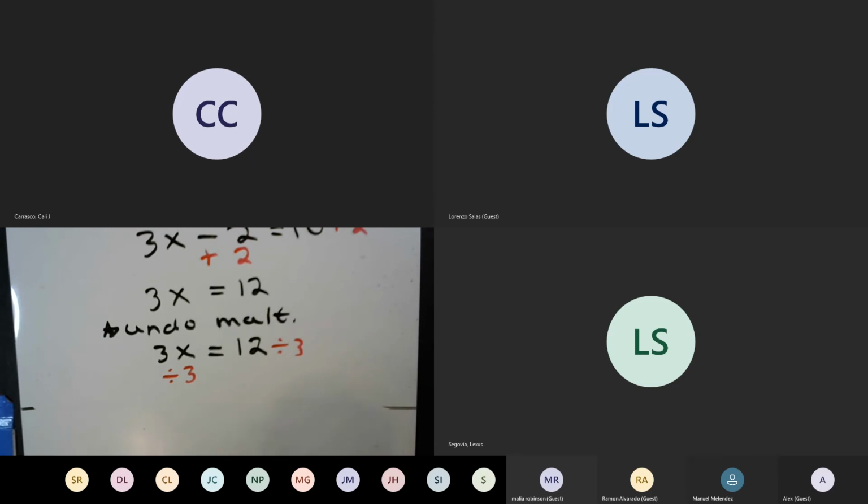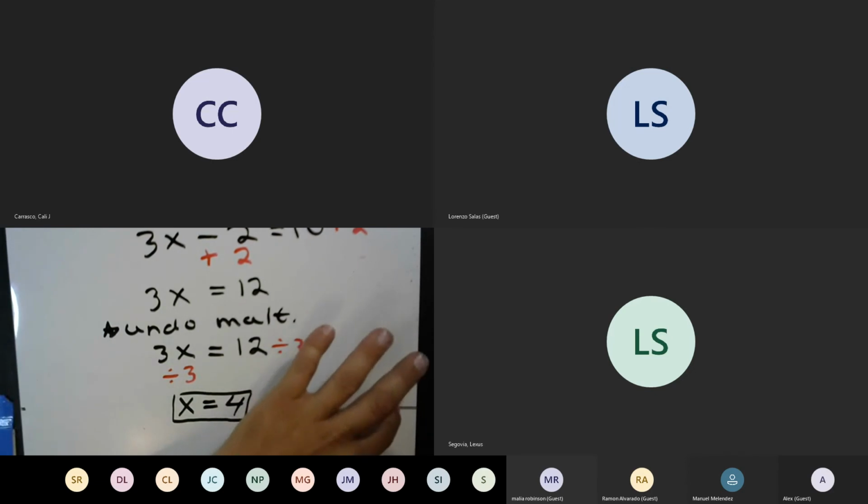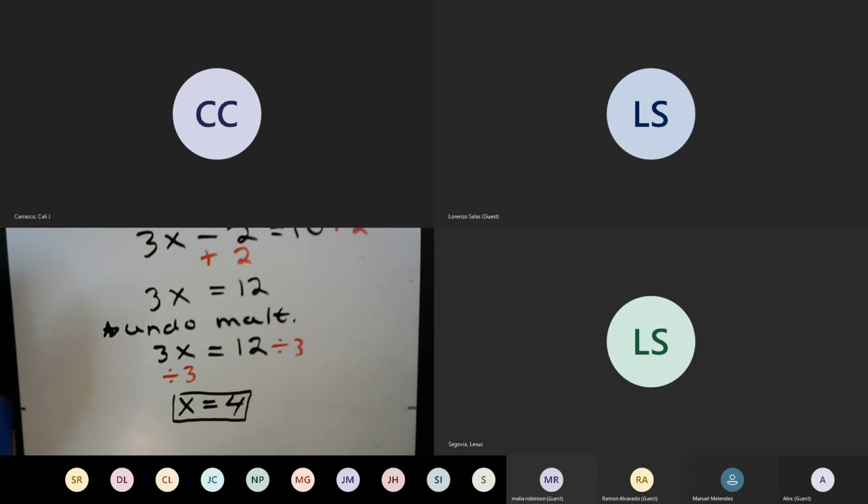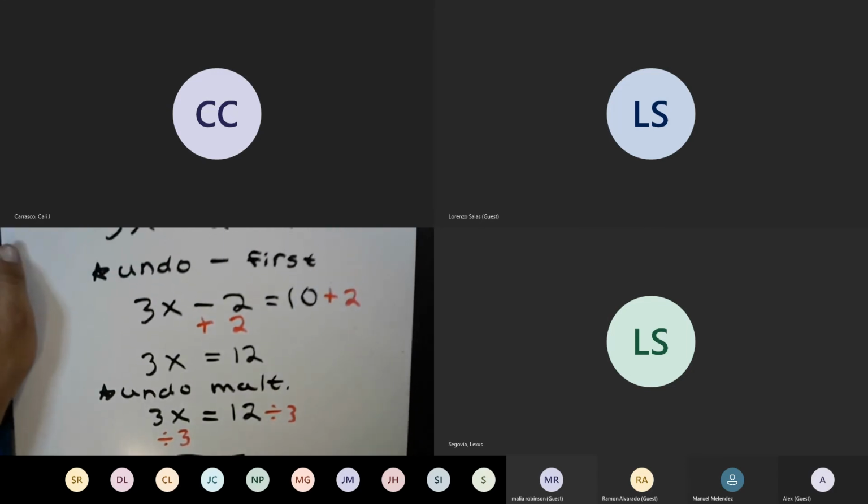And what we're left with is x equals 4. And that's going to be our answer. So any questions about that? So let me do another one.